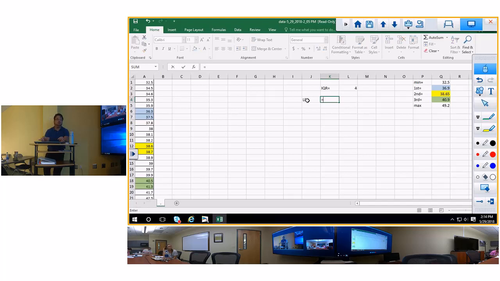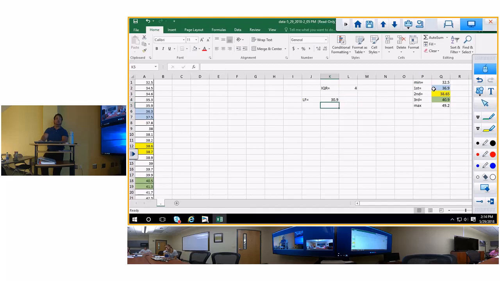So that's going to be equal to first quartile minus parentheses this number times 1.5, right? Yes.